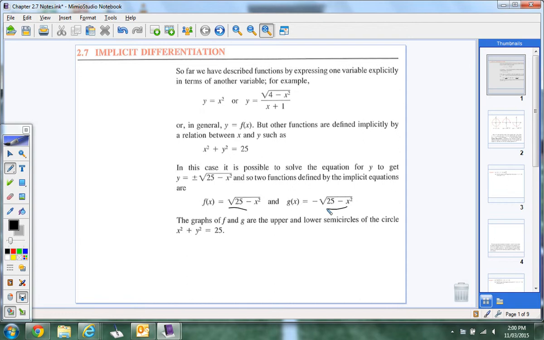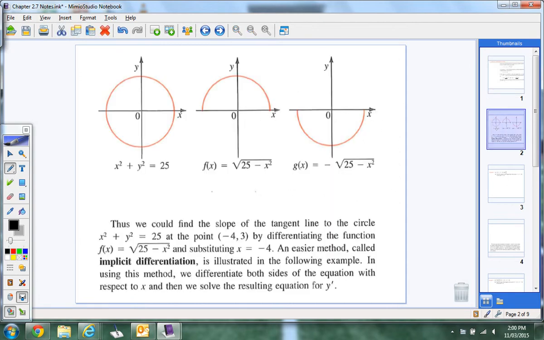This is not really relevant to what we're doing exactly, but if they said to find the tangent slope at (-4, 3), I'd have to figure out which part of the circle that's on, and then use that to differentiate. That's just a lot of stuff to do. Instead, I don't need to move anything. I can do this implicit differentiation with x's and y's to get the derivative.